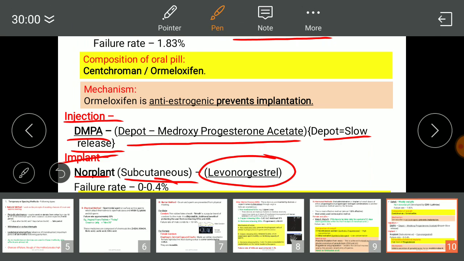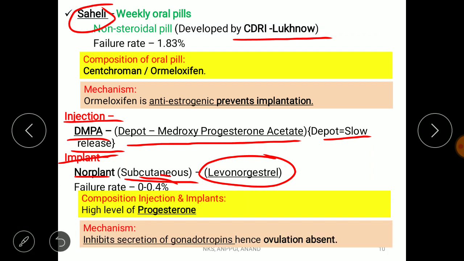The failure rate is about 0.4%. Composition of the injection and implants are nothing but high level of progesterone actually, and mechanism is to inhibit the secretion of gonadotropin, because the progesterone negatively inhibits the gonadotropins of the pituitary gland and hence the ovulation is absent.